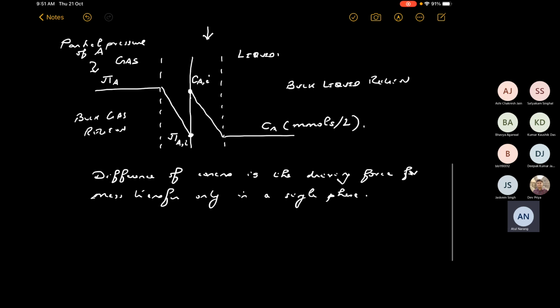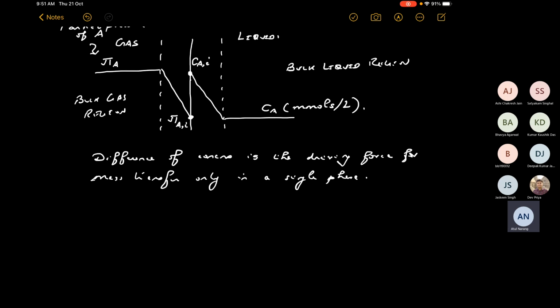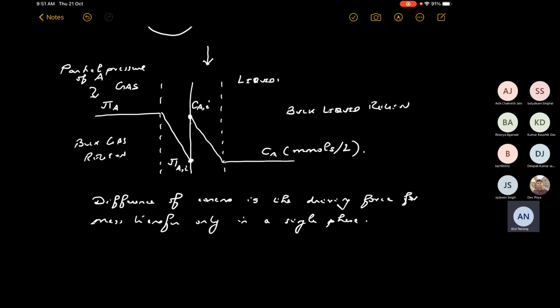Thermodynamics tells you that the driving force is not the concentration, it is what is called the chemical potential. And in fact, things can move from a lower concentration in one phase to a higher concentration in the other phase.